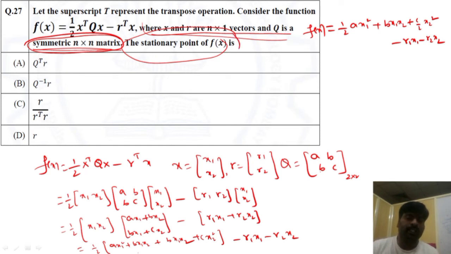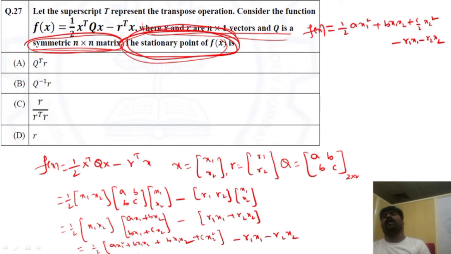Okay, now I would like to find stationary points of f of x. Stationary points we will find by equating first order partial derivatives to 0. That's why I would like to find first order partial derivatives dou f by dou x1 and dou f by dou x2, and equating both to 0.